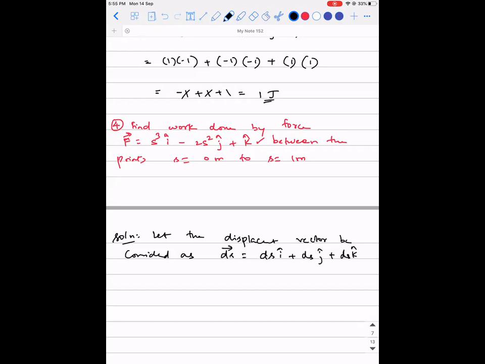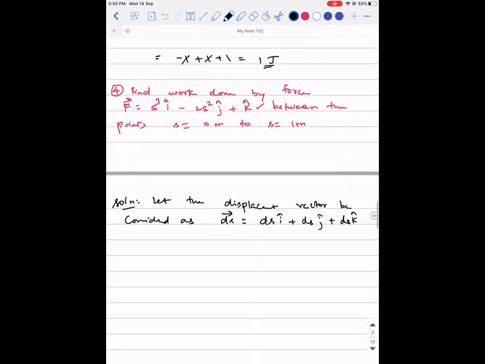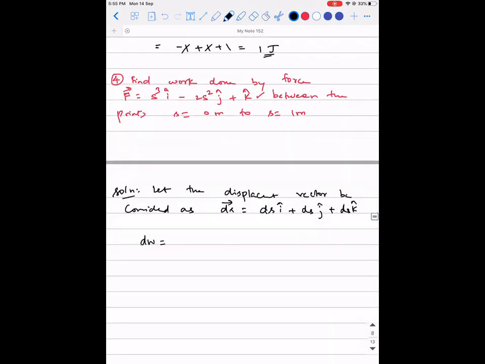This is the one you have to assume for every problem. This is a standard thing. Then dw will be equal to F vector dot ds vector.